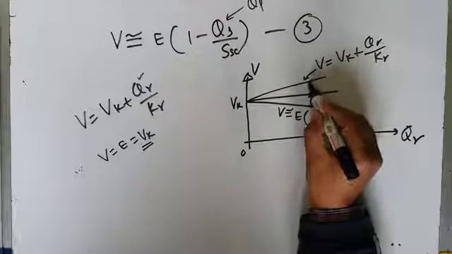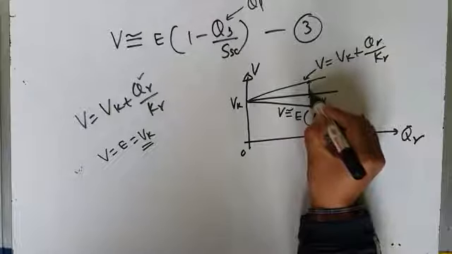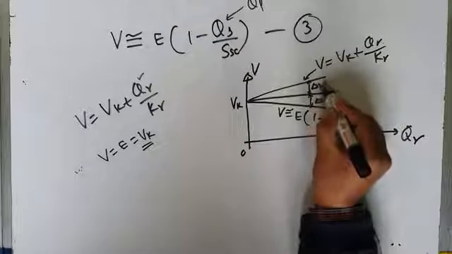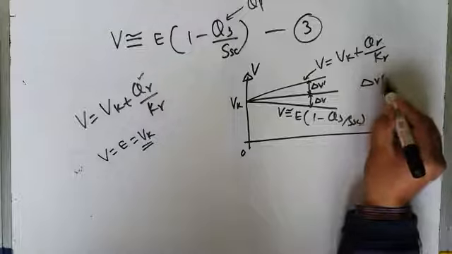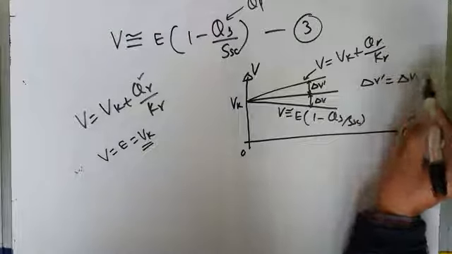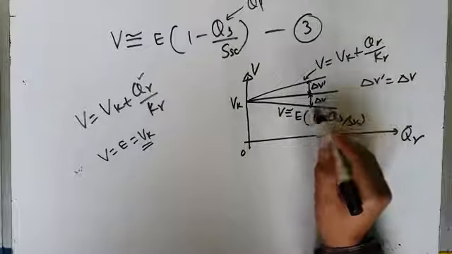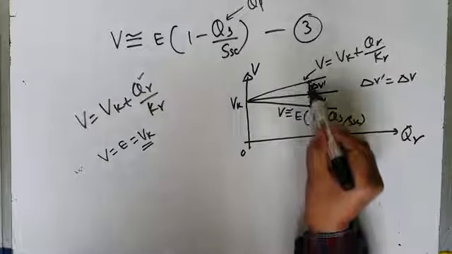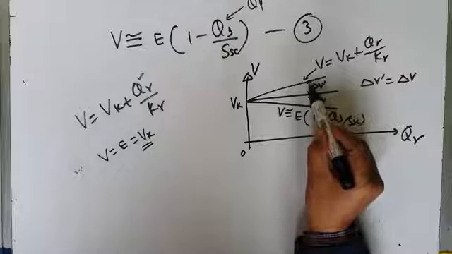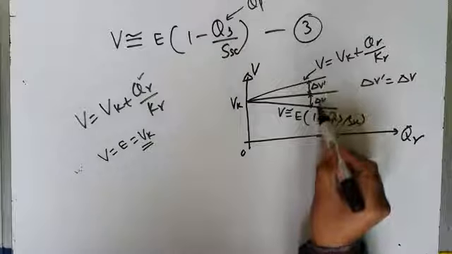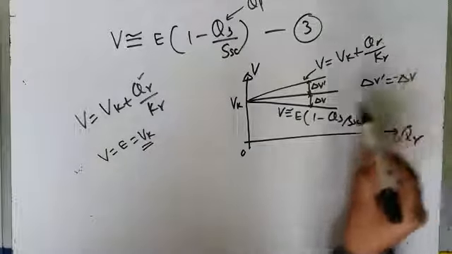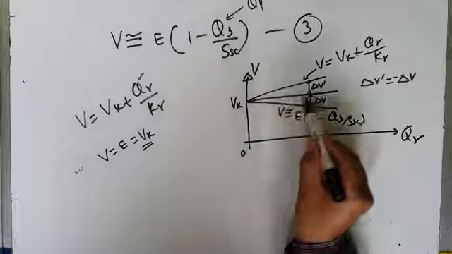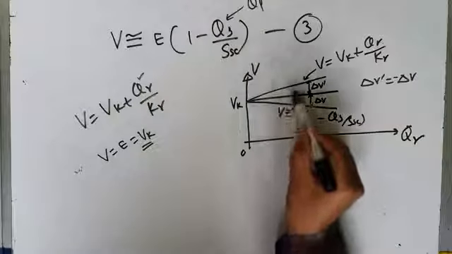What does the compensator do? It increases the voltage by delta V dash. So this delta V dash becomes exactly equal to delta V. Whatever was the drop in the voltage because of reactive power, that drop is compensated by the compensator. So this delta V dash is exactly equal to minus delta V, and it makes the load voltage constant. The same is true for all the points.